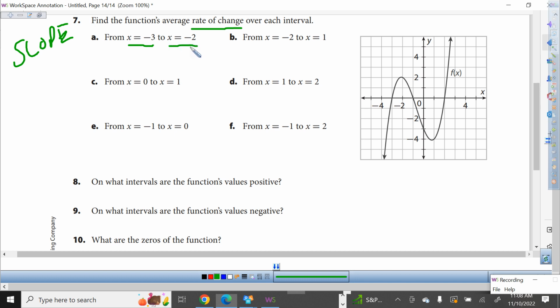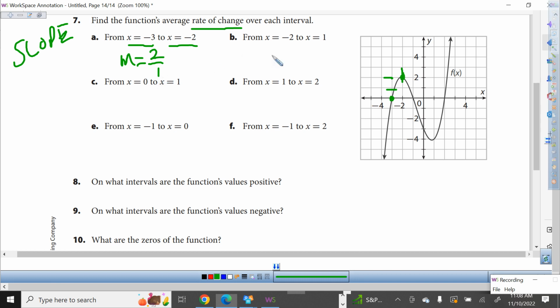X equals -3 is right here, and x equals -2 is right there. From here to here, what's the slope? 2 up and 1 to the right, so my slope is 2 over 1. Check your work.